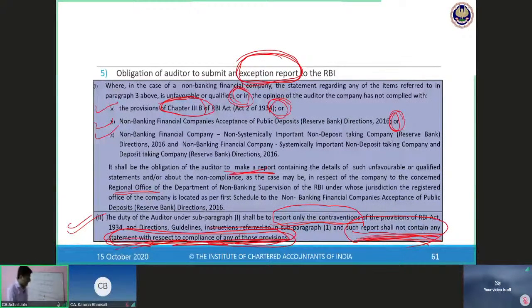That's why option number D is not correct, because it includes a requirement which is not required to be done. So what will be the right option over here? Option number C. Okay. All of you clear on this? Clear on this reporting requirement now?